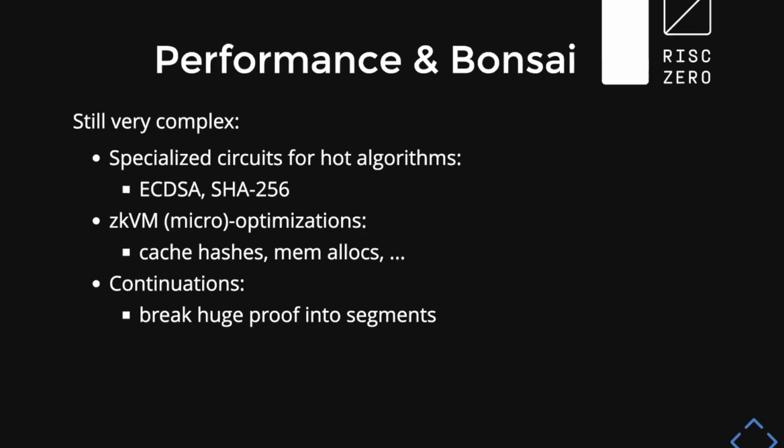And then again, you can do some zkVM specific optimizations, look at what takes the most time and try to avoid this. For example, it makes a lot of sense to cache hashes you've once computed and avoid recomputing them. And there's also going to be a talk by, I guess, Victor in a few weeks, who talks about the performance of zkVM a bit more. And yeah, all of this comes together.